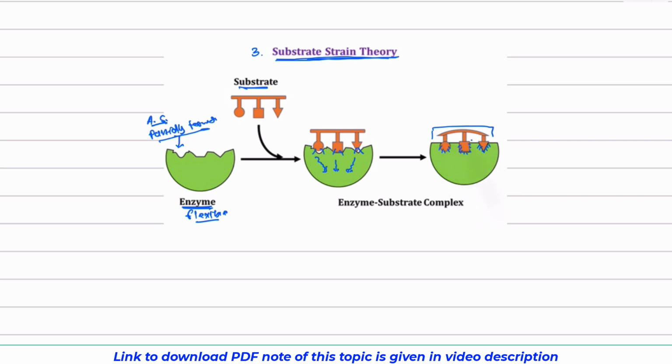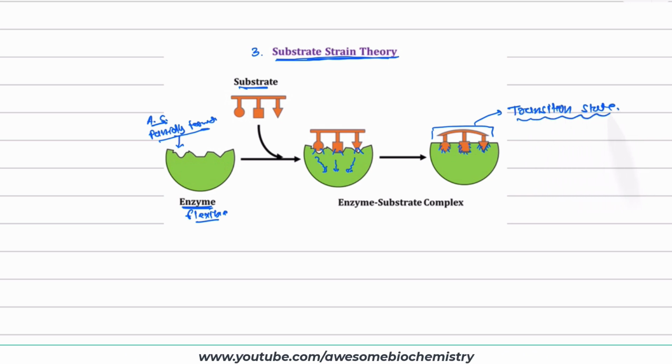The substrate changes its shape and it becomes highly unstable. So as you can see, this shape of the substrate we can call a transition state, right? So this theory is the modern theory. It explains all the aspects of enzyme substrate binding.